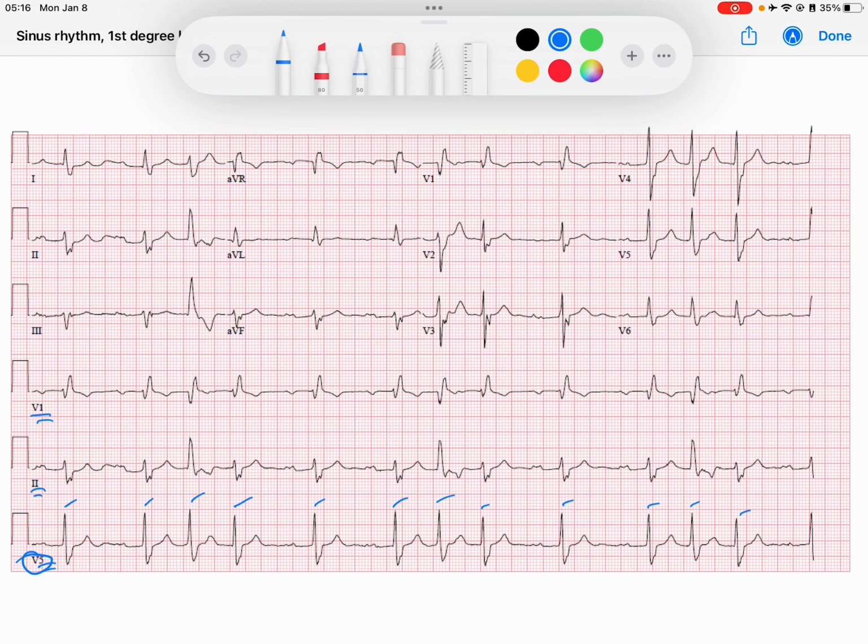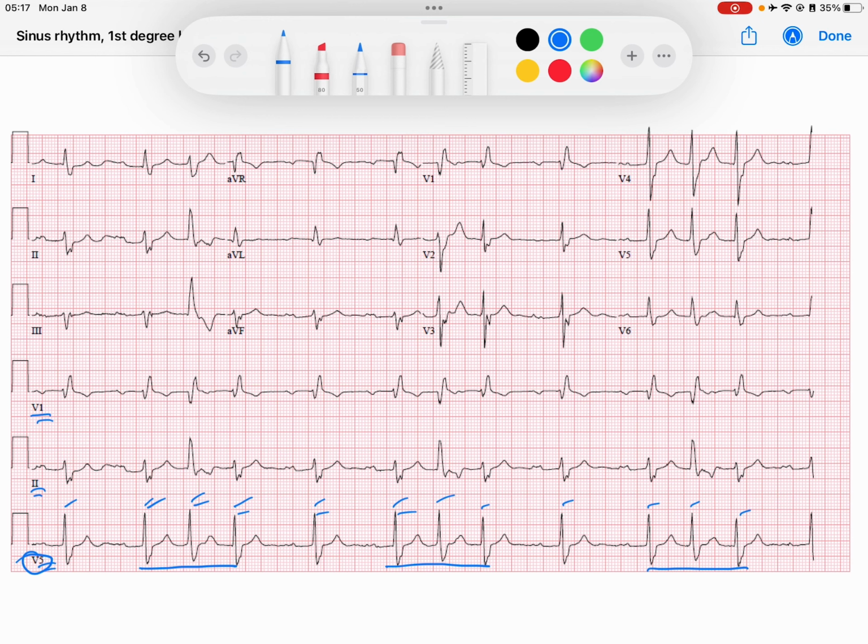So it's an irregular rhythm. I'm not sure I see a perfect pattern, but maybe there are groups of 3, and then 3 and 3. And my QRSs look the same in V5.